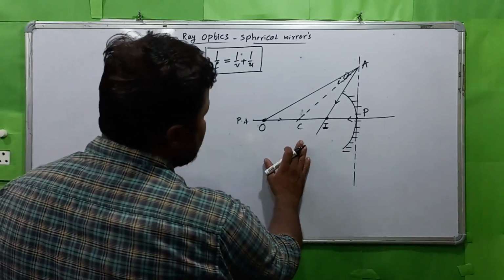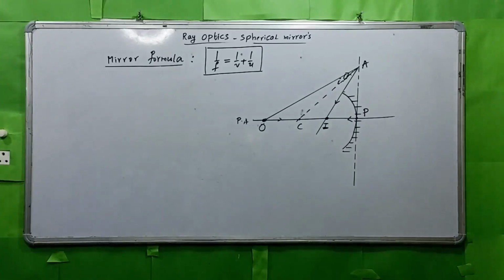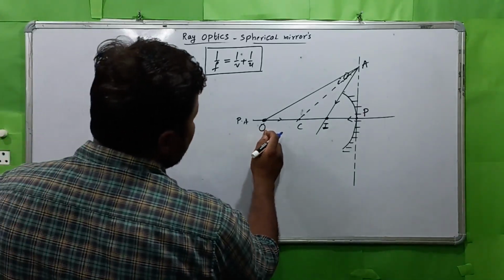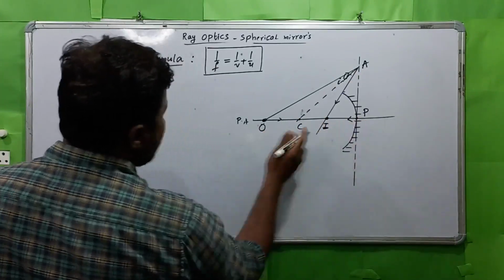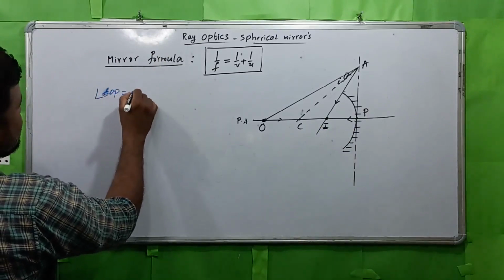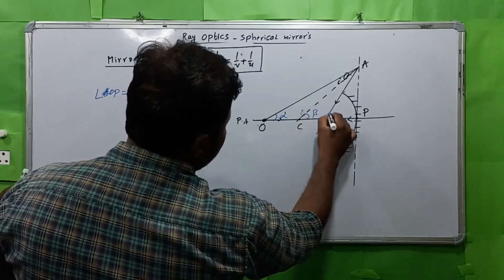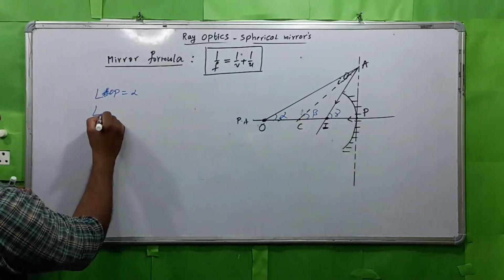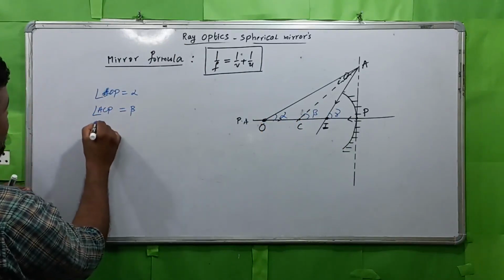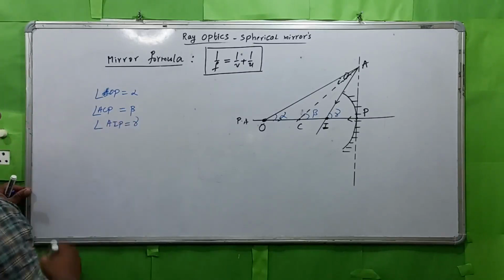We will observe some geometry here. Let us take angle AOP is alpha, angle ACP is equal to beta, and angle AIP is equal to gamma.